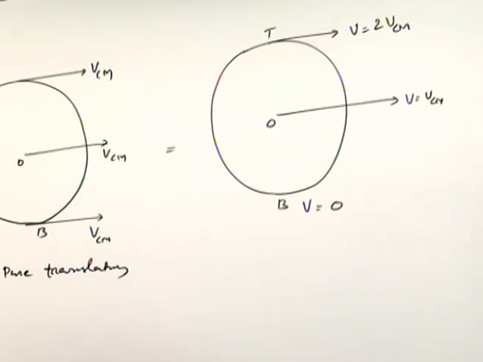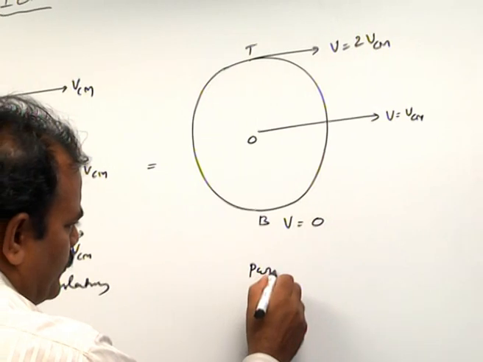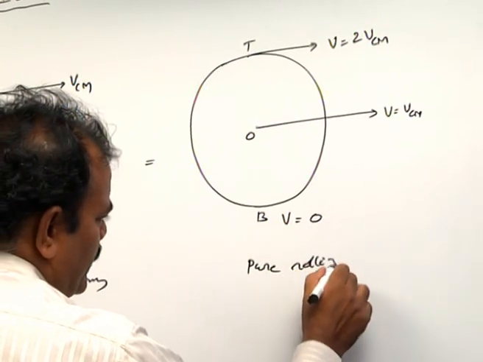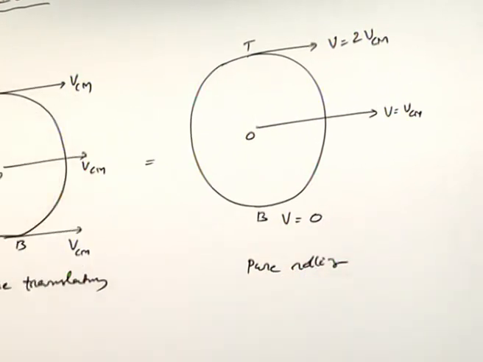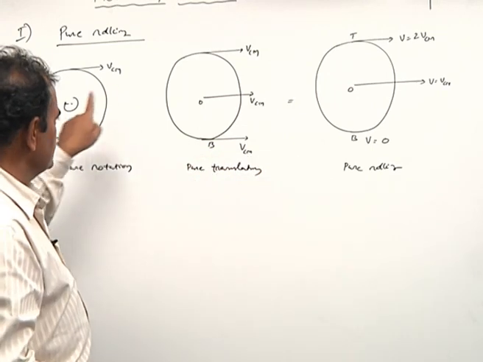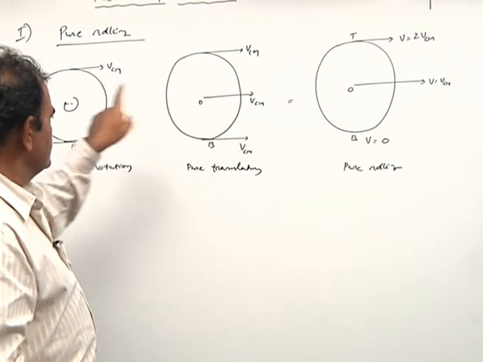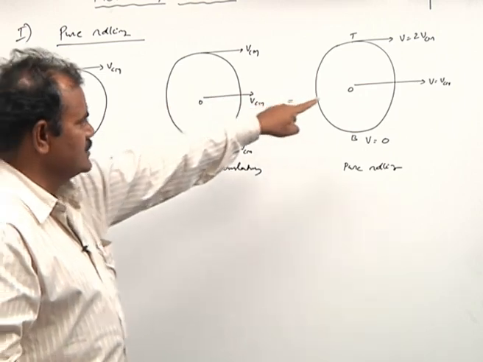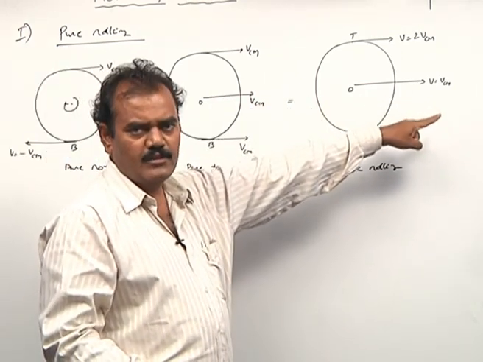So in pure rolling, it is a combination of both translational and rotational motion. At the bottom it becomes 0, and at the center it is 0 plus v center of mass, so the resultant is v equal to v center of mass.